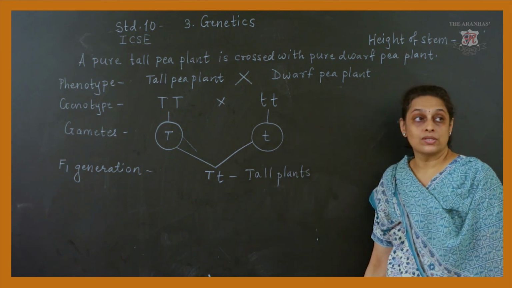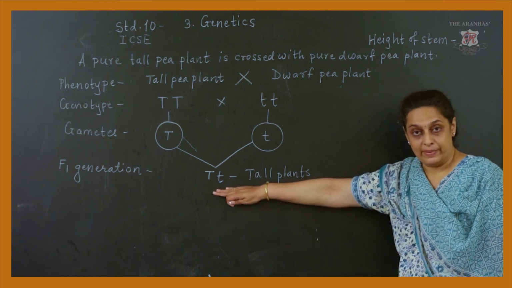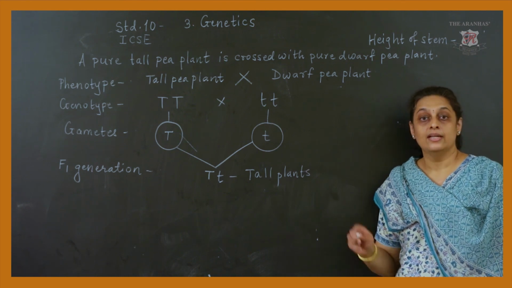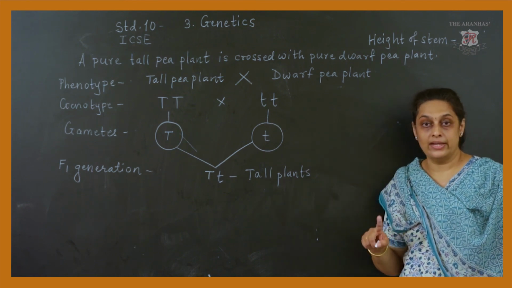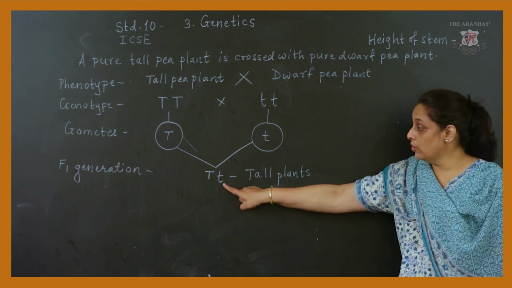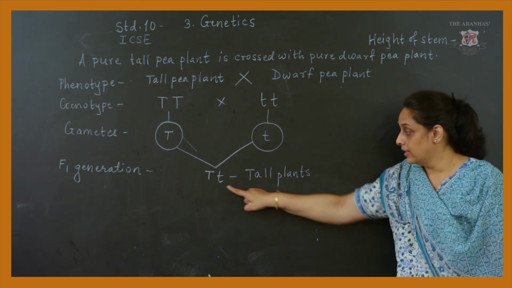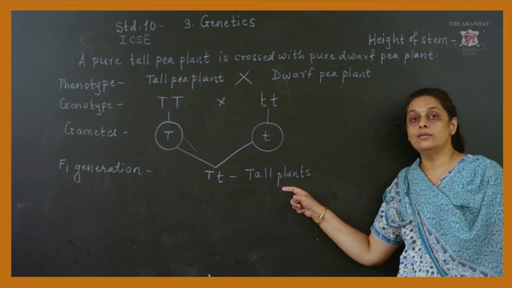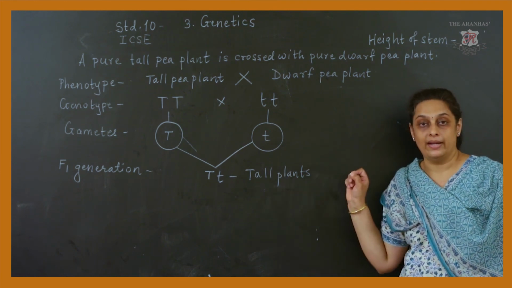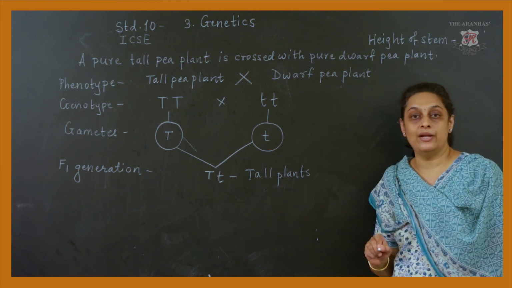Something that was not expected. So, here what happened? In F1 generation, there was one gene for tallness, the other gene was for dwarfness. Even though gene for dwarfness was present in the plant, plants were all tall, not even a single dwarf plant was obtained. And here Mendel was extremely surprised to obtain this kind of result.